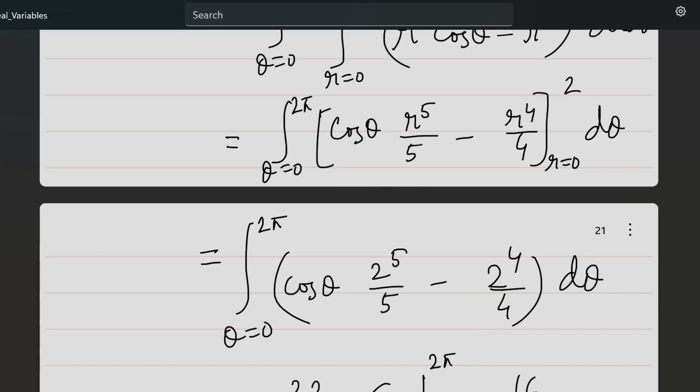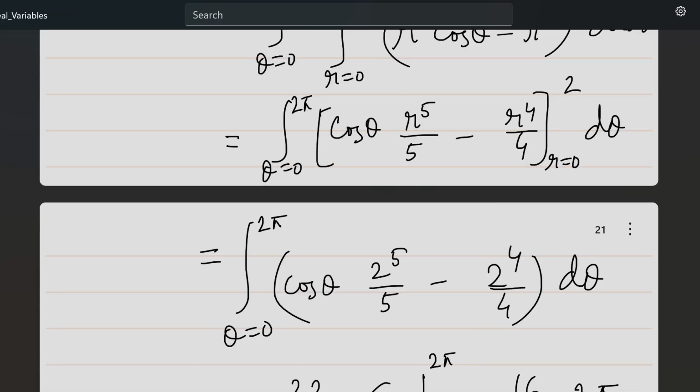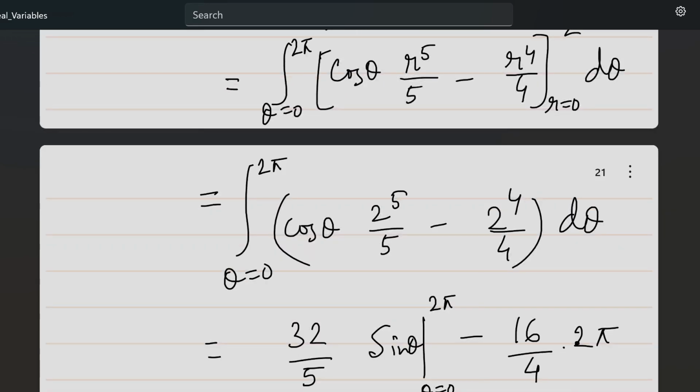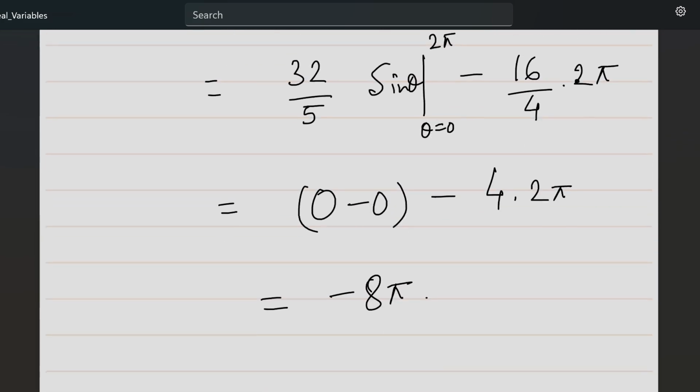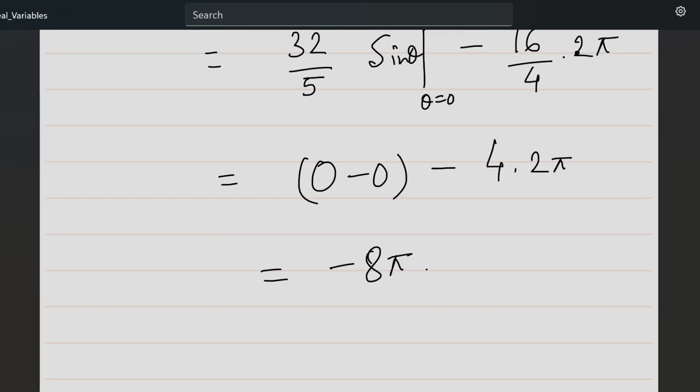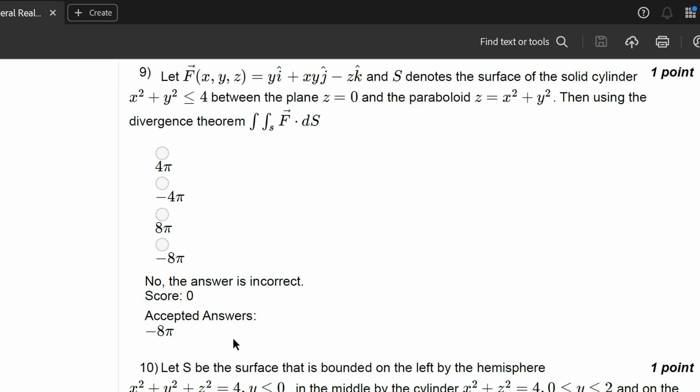Minus 2 power 4 is 16, integral of theta is 2 pi. So it is 0 minus 0, then 0 minus 4 into 2 pi, so it is minus 8 pi. Correct? Yes, sir. So minus 8 pi is the answer.